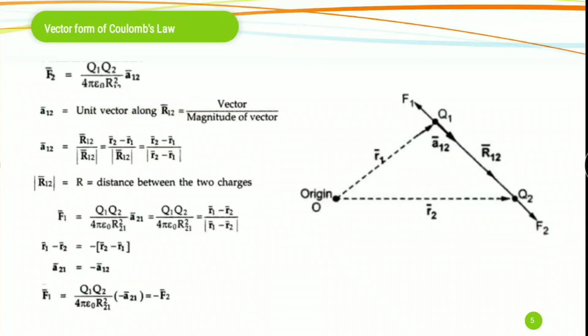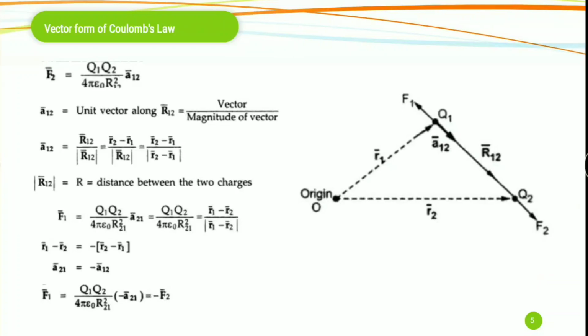When you observe the diagram, here Q1 and Q2 are the two charges. Due to the impact of Q2 on Q1, a force is developed, that is F1. Similarly, due to the impact of Q1 on Q2, a force is developed on Q2, indicated by the letter F2.